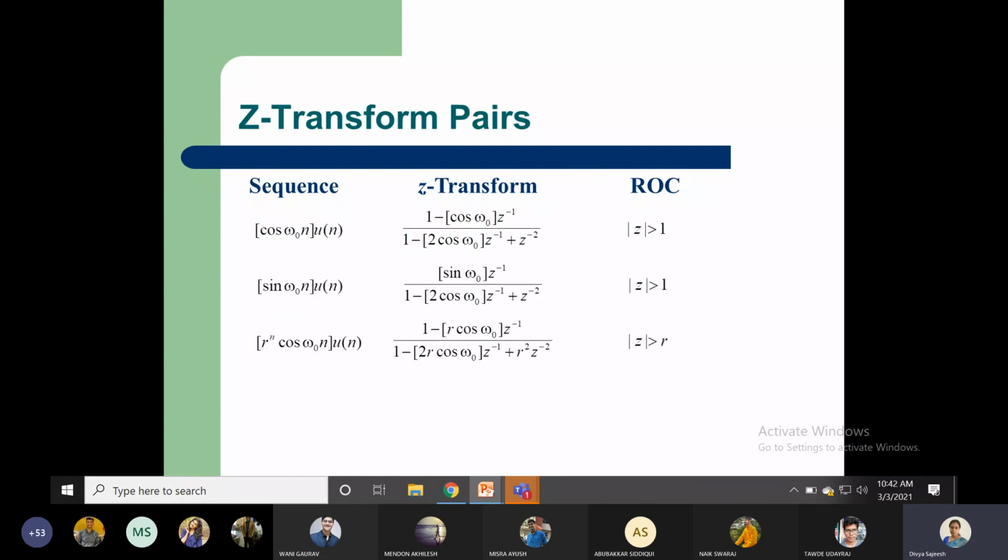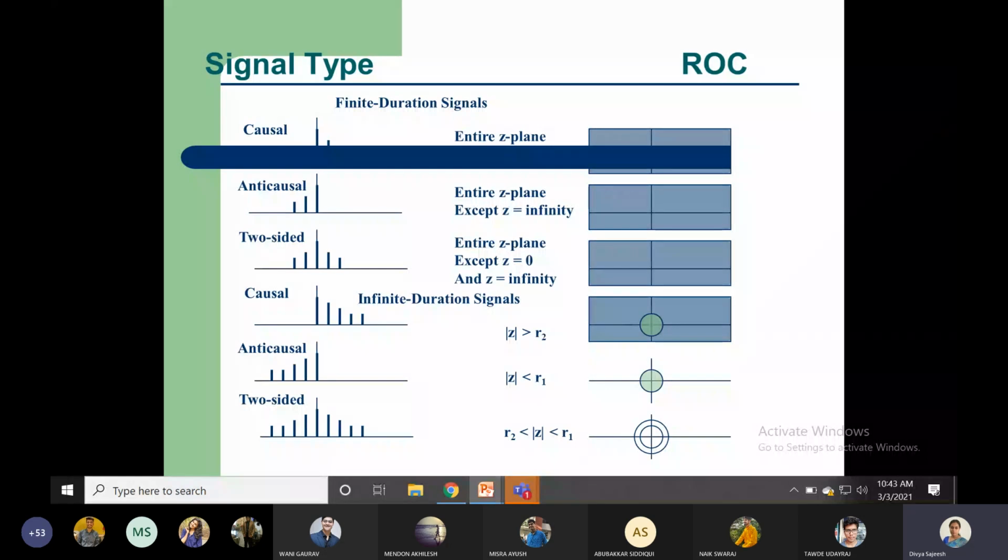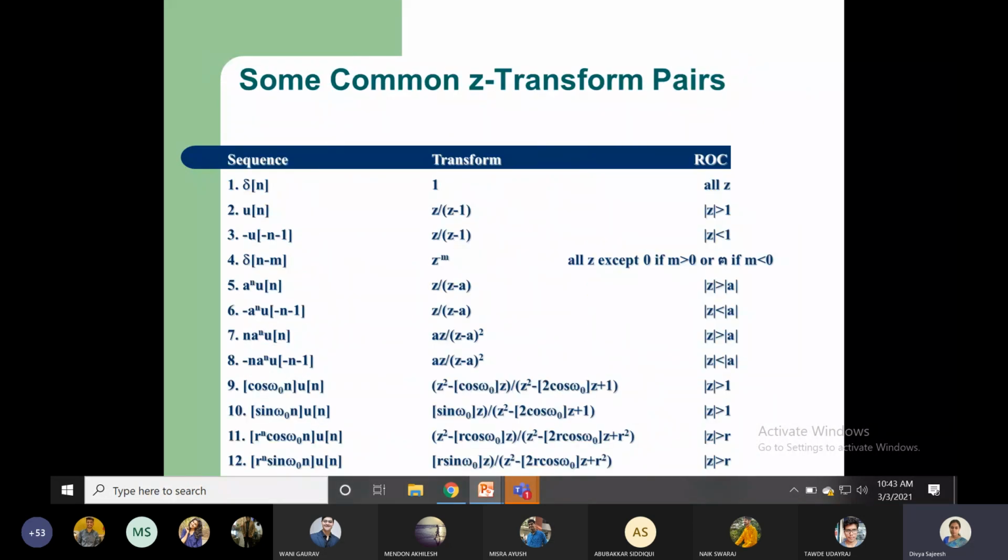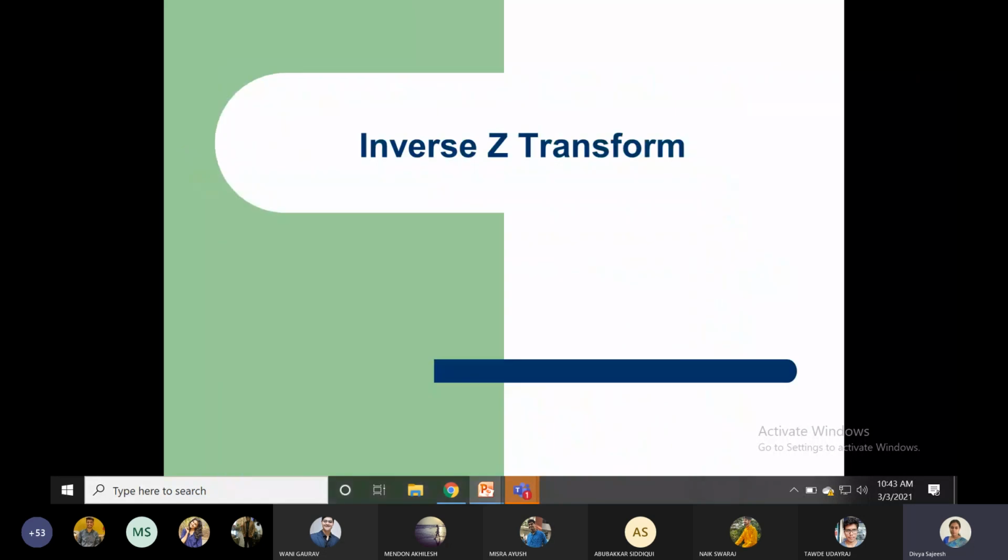Similarly, for different sequences, these are the regions of convergence and the Z transforms. So these are the finite duration signals and infinite duration signals. We have derived all these things earlier also. These are some common Z transform pairs which we have just seen. It is the summary of that.